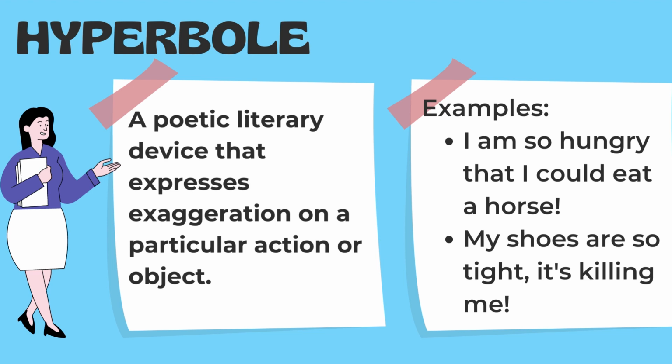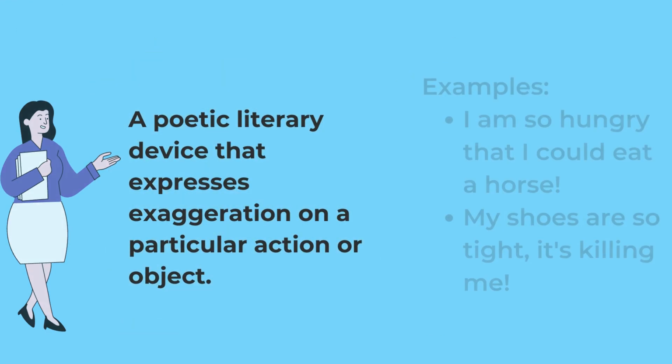My shoes are so tight, it's killing me. So, of course, the part of the statement that makes it a hyperbole is it's killing me. So it expresses exaggeration because it's very impossible that you can get killed just because your shoes are so tight. So this is what you call a hyperbole.